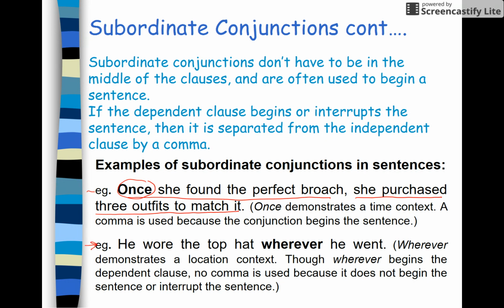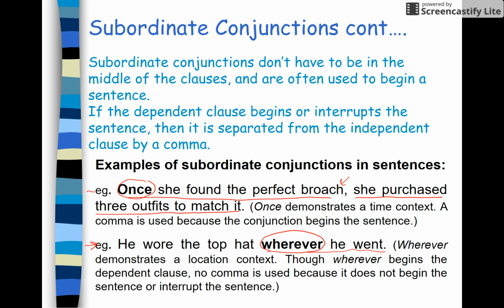Let's look at this second example. He wore the top hat wherever he went. So wherever demonstrates a place, a location context. And although wherever begins the dependent clause, the extra information here, no comma is used in this example because this dependent clause does not begin the sentence like it did in this previous example here.